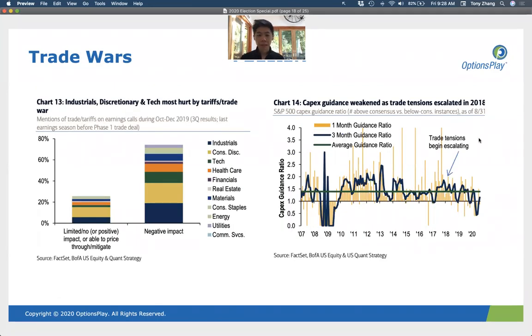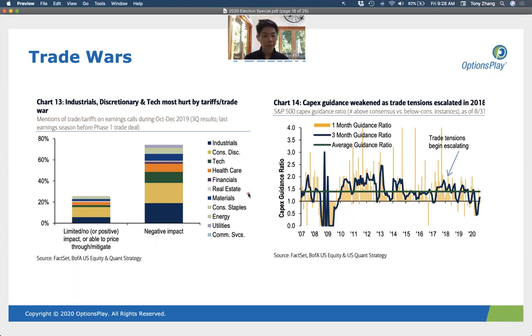Now, the trade wars. This is a big part of some of the volatility that we saw in 2018. So one of the things that we wanted to take a look at is really just which sectors were hurt the most by the trade wars, specifically the tariffs that Trump put in place in 2018 and 2019.